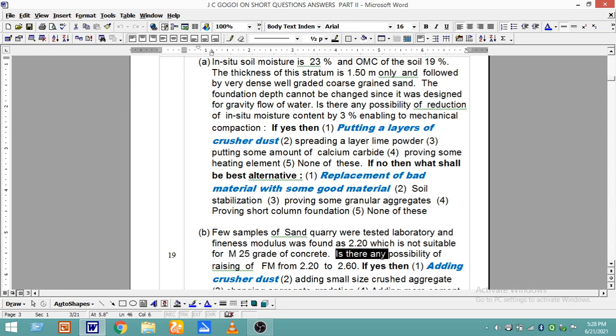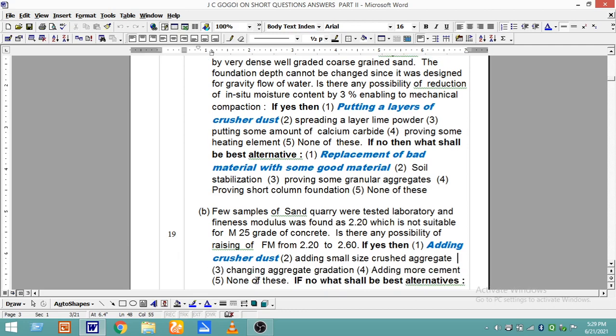Is there any possibility of raising the fineness modulus from 2.2 to 2.6? If yes, the answers are: adding some amount of crusher dust, adding small size crusher aggregates, changing aggregate gradation, adding more cement, or none of this.